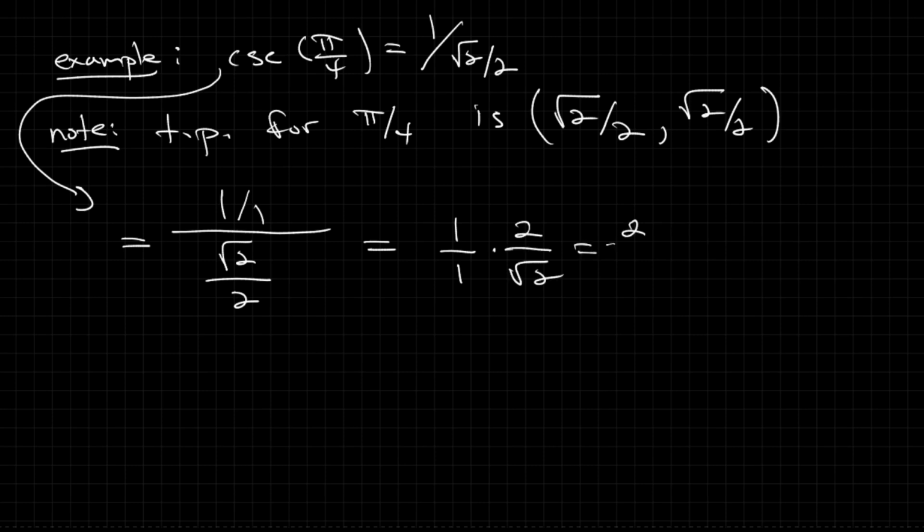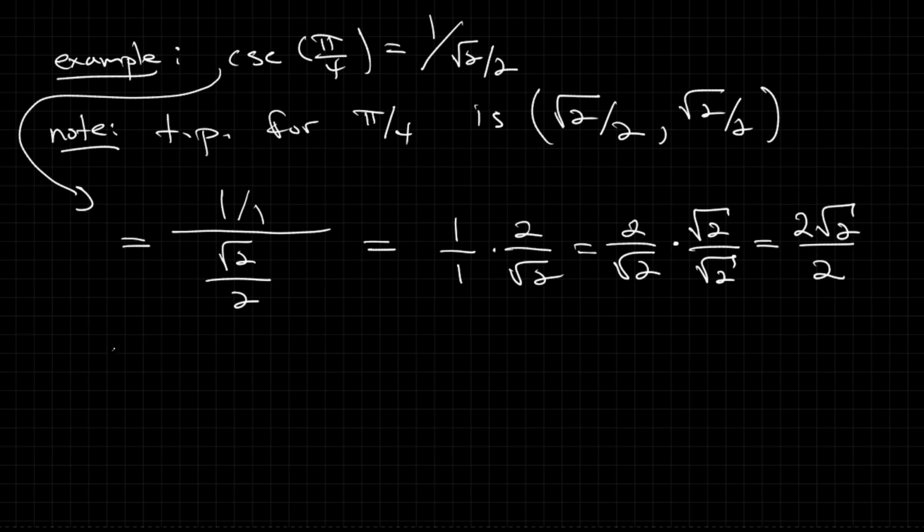And we get 2 over root 2. And whenever there's a radical in the denominator, we typically rationalize by multiplying by that radical. What this does is root 2 times root 2 in the denominator, that's just 2. And in the numerator, we get 2 root 2.